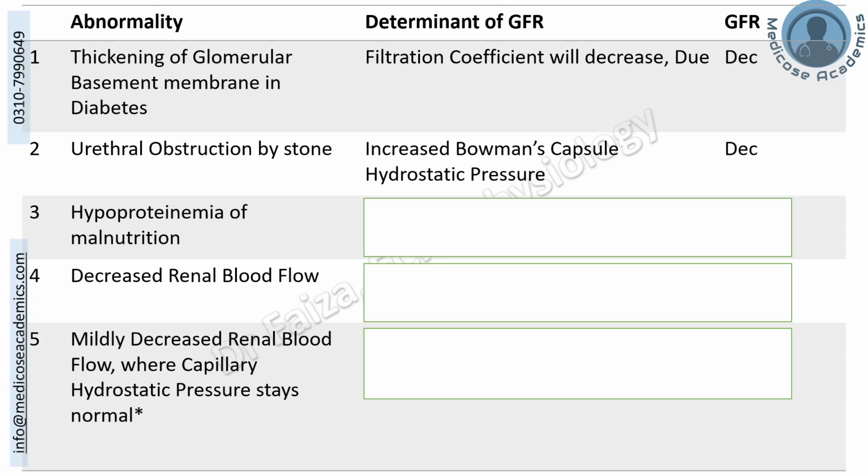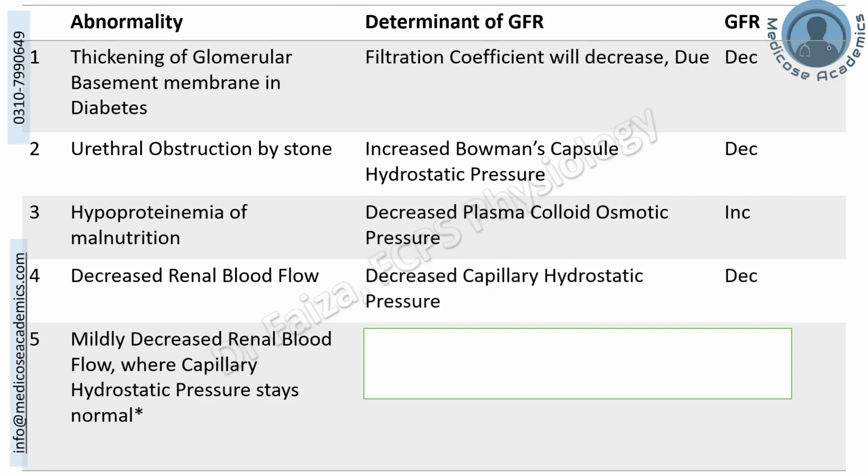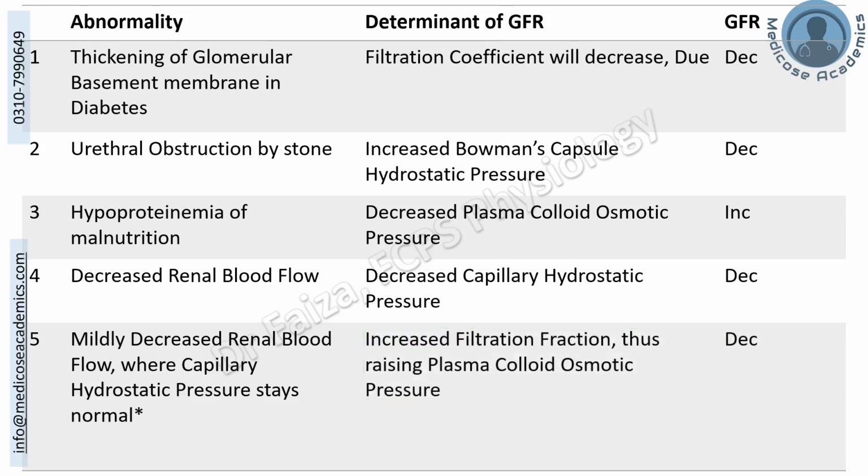Hypoproteinemia will decrease the colloid osmotic pressure and increase the filtration. Decreased renal blood flow will decrease the glomerular capillary hydrostatic pressure and the GFR. Mildly decreased renal blood flow, where the capillary hydrostatic pressure stays normal, has a biphasic effect. It will increase the filtration fraction.